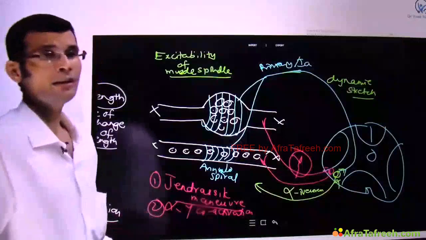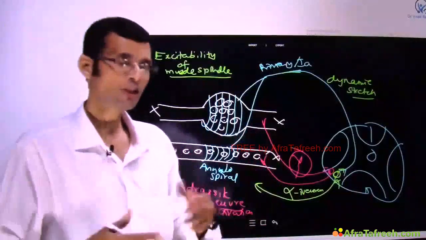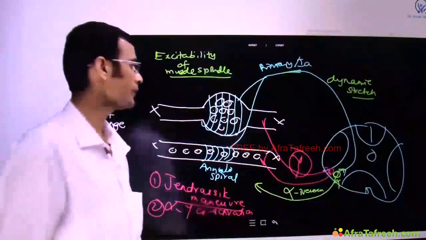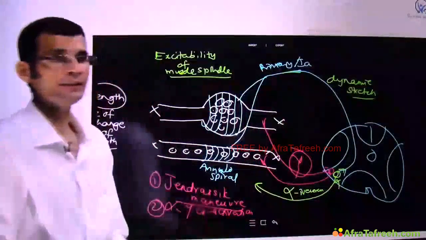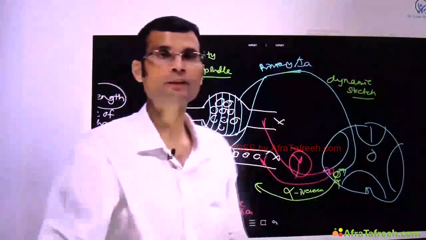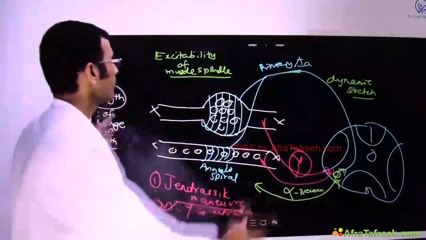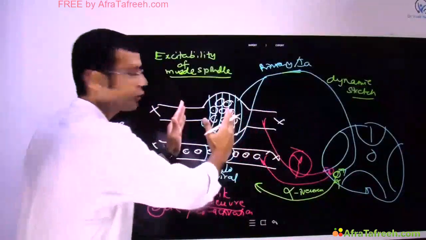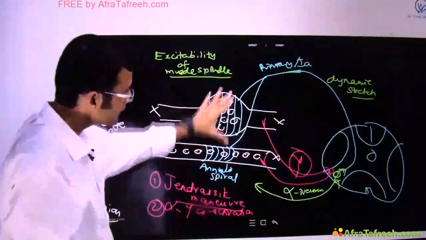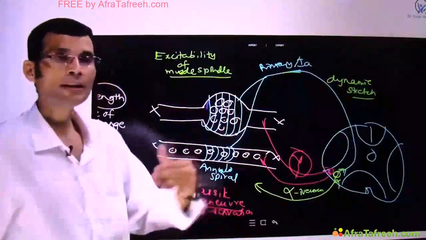But if the muscle is contracting continuously, what is likely to happen is that the intrafusal fibers get compressed, when we are making a continuous voluntary movement. Their central portions, which are the receptor portions, will be relaxed.